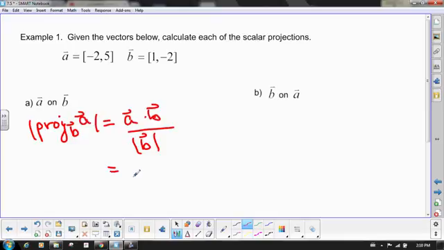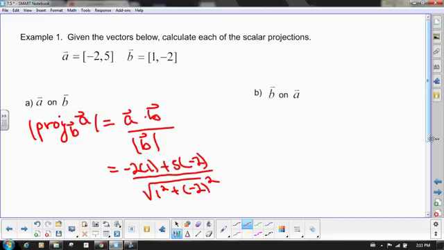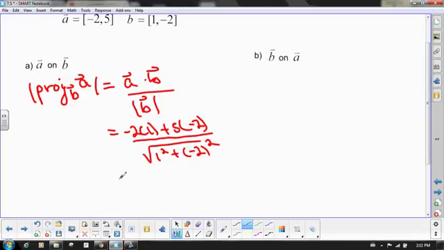When I do A dot B, I'll have -2 multiplied by 1, because we multiply the x components, and then I'm going to add the y components after they're multiplied, and then the magnitude of B will be the square root of 1 squared plus -2 squared. Again, we're expecting to get a number. So this here will be -12 over root 5.